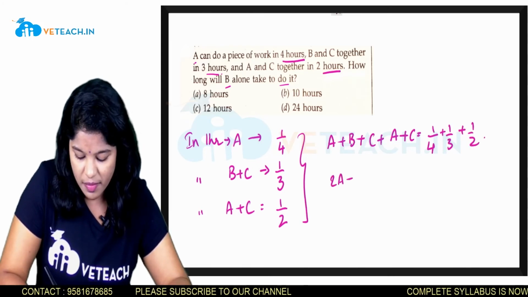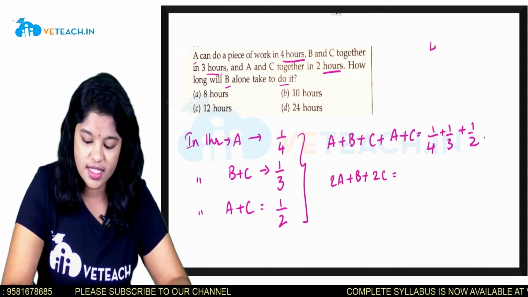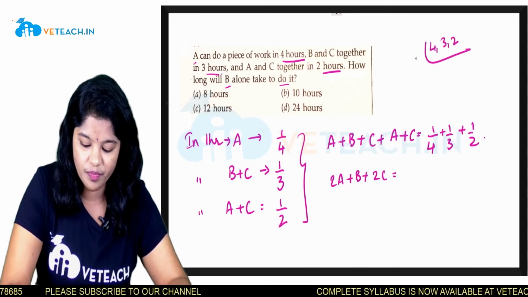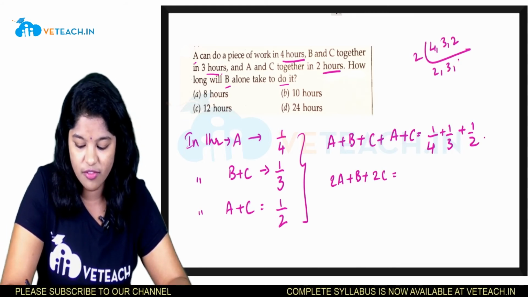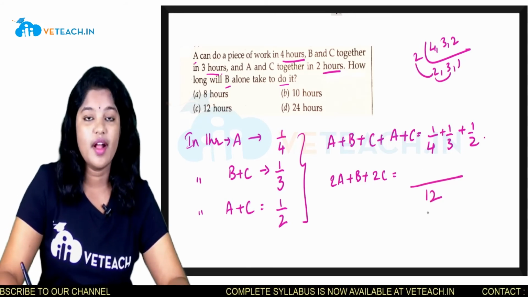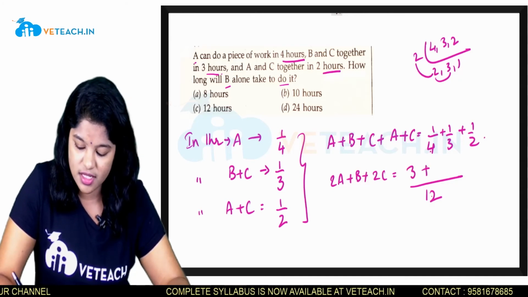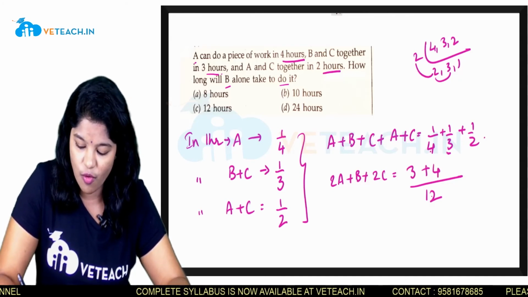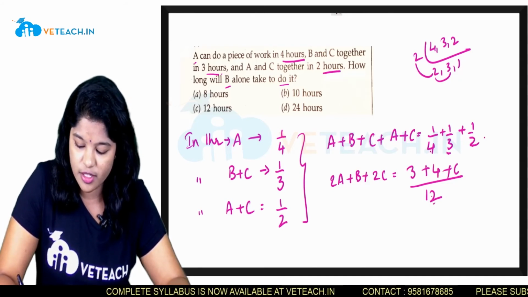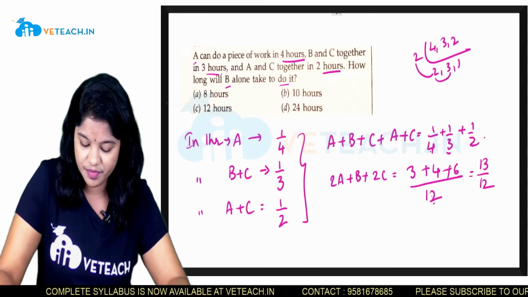So 2A plus B plus 2C is equal to, LCM of 4, 3 and 2 is 12. So 12 divided by 12 into (12 divided by 4, 3 plus 12 divided by 3, 4 plus 12 divided by 2, 6). That is equal to 13/12.